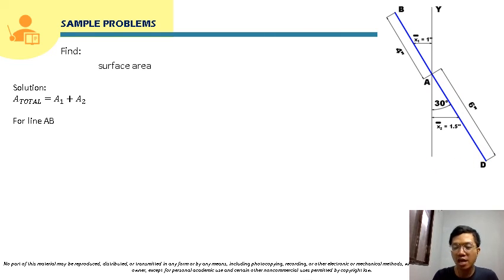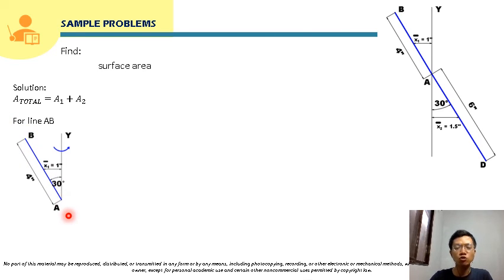For line AB, this is line AB, and this is 4 inches. So we are going to solve the area generated by revolving this line about the y-axis.